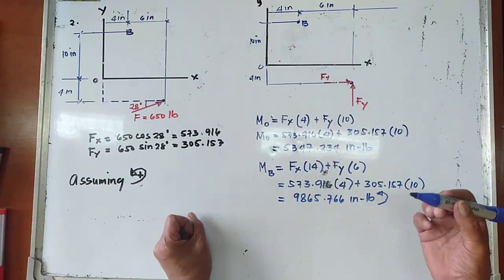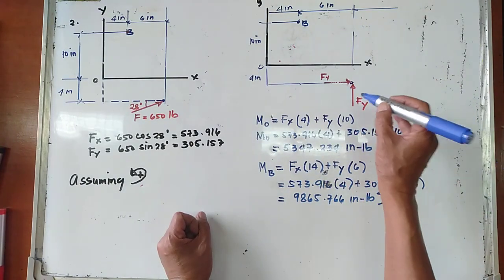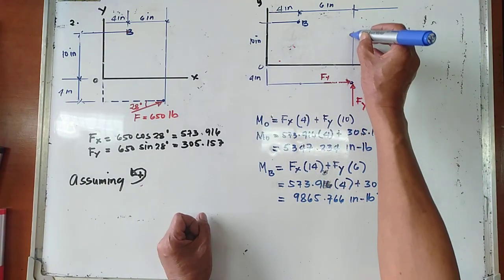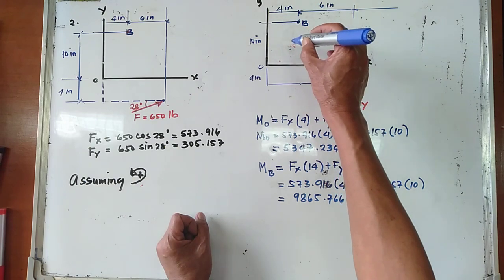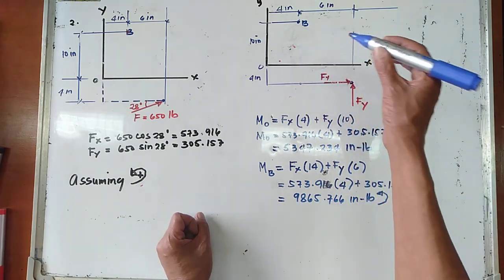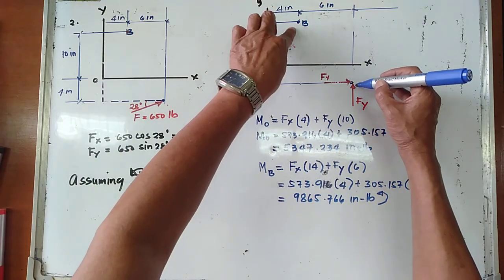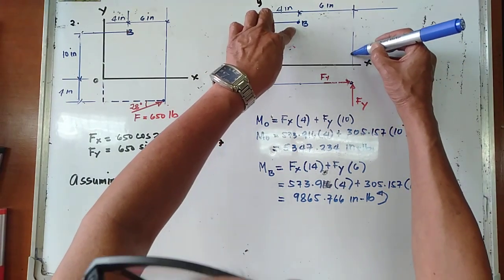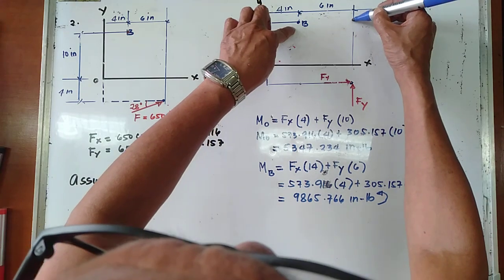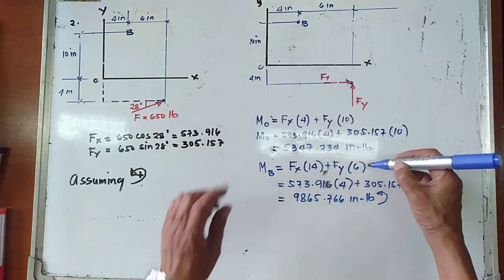So we have 14. Plus Fy, because this is still going counterclockwise about point B. So the moment arm of Fy about point B, this is now the line of action of Fy, and that one is equal to 6 inches.